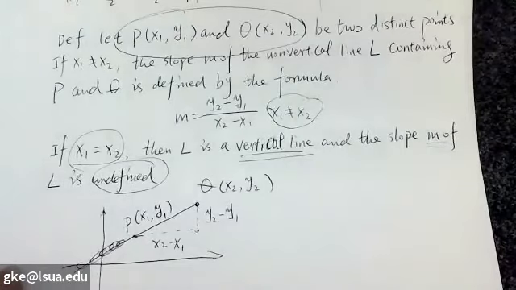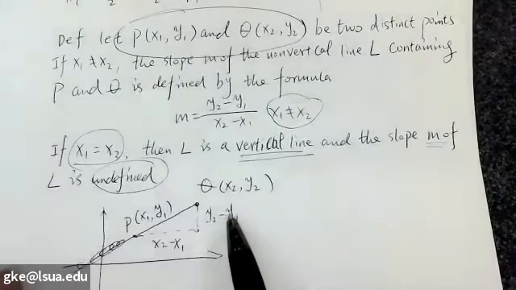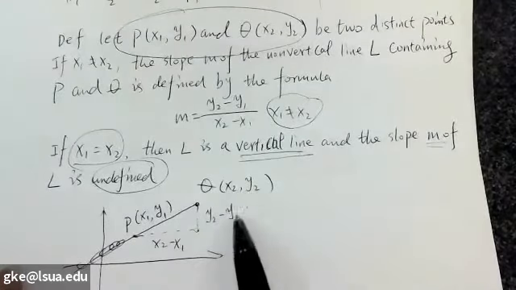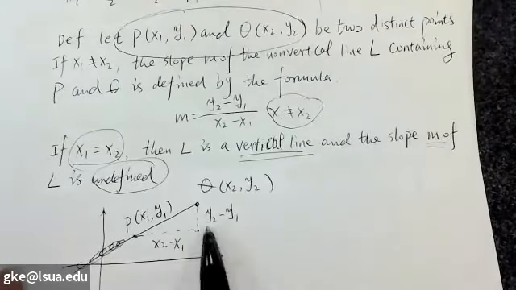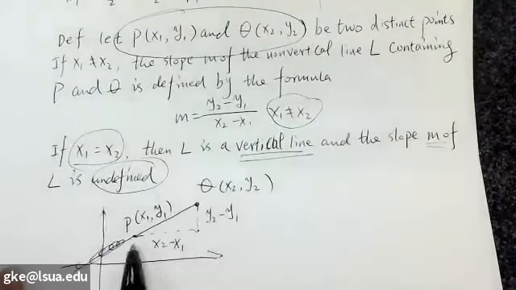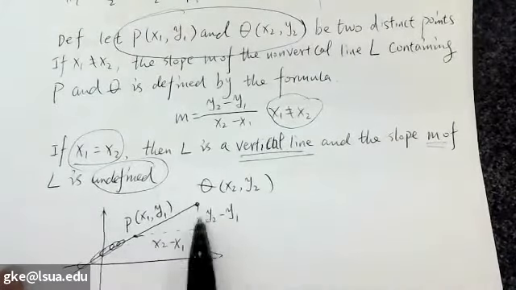So what does the slope mean? Slope means this length divided by this length, so vertical length divided by horizontal length.